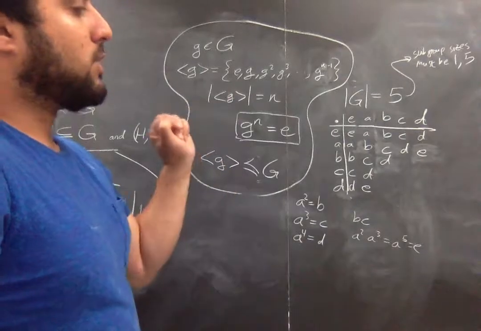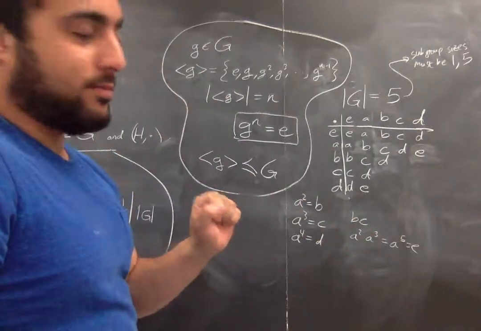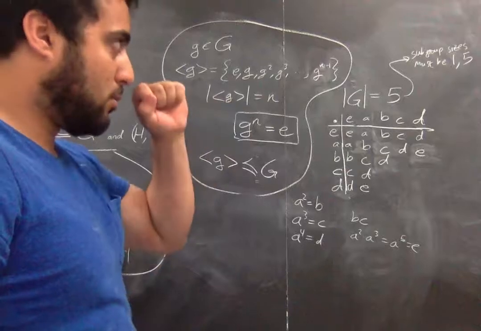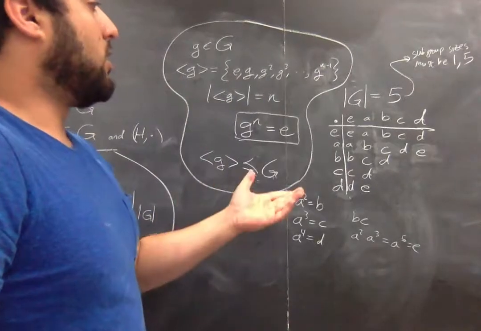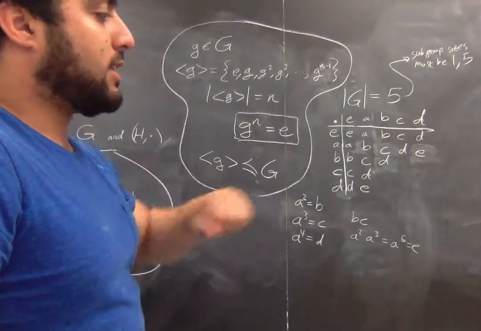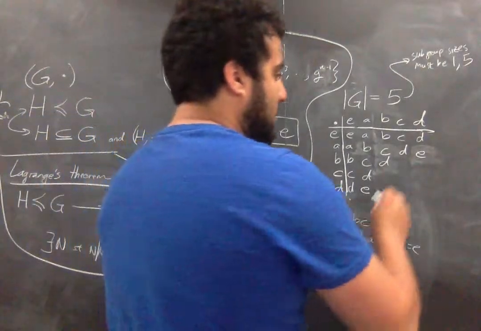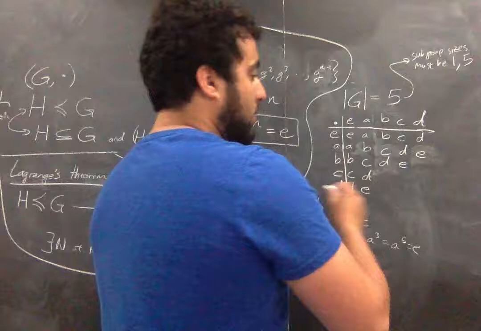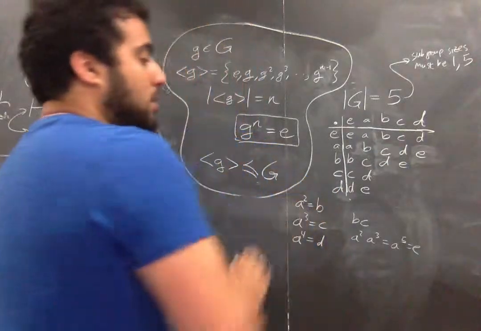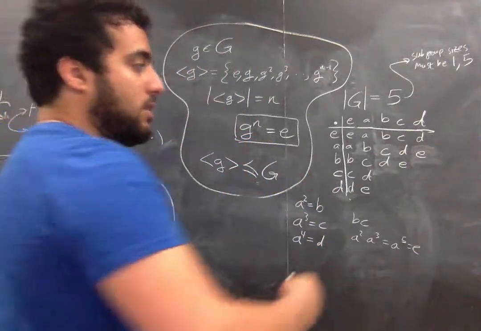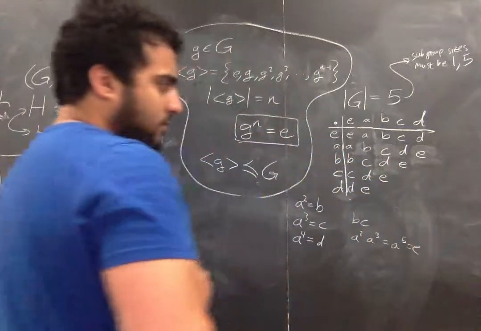We know it's not a subgroup of size 1 because A is not the identity. The identity is the only thing which will generate a subgroup of size 1. So the only other possibility is that it is G, which has size 5, in which case A to the fifth equals E. So B times C is E. For the same reason, C times B is just A cubed times A squared, which is A to the fifth. So this is also E.